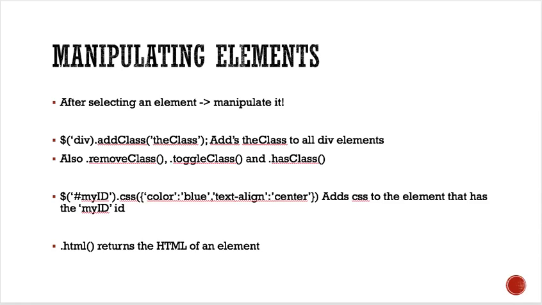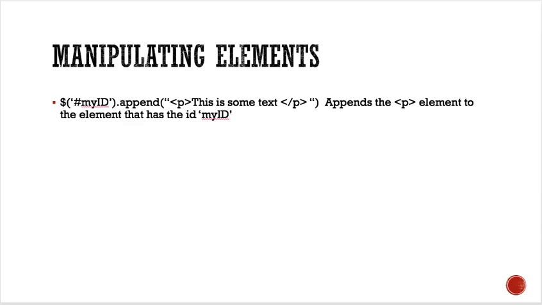And so again, the jQuery cheat sheets that are uploaded talk about the different ways that you can actually manipulate HTML elements, right? You can actually append elements to an already existing element using the .append function. Again, these are different functions that are available within jQuery for you to manipulate an element that you have previously selected.